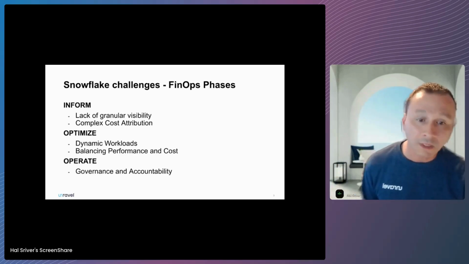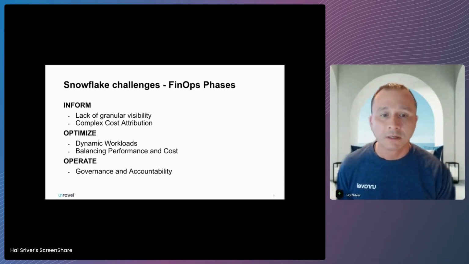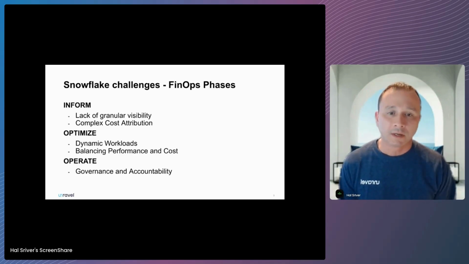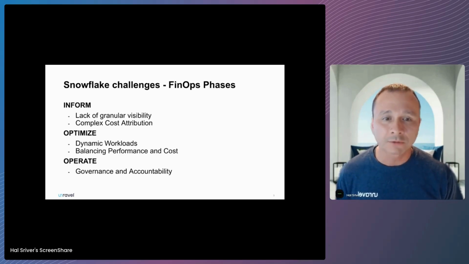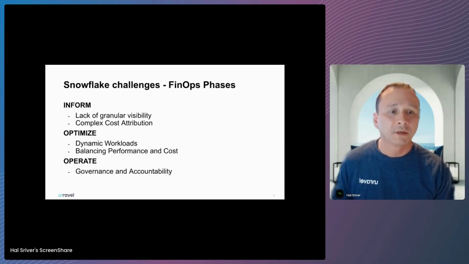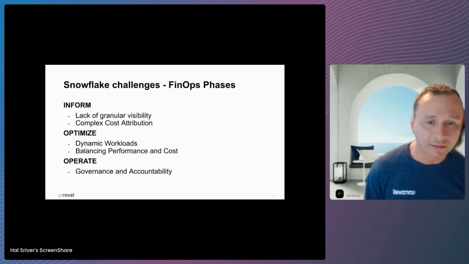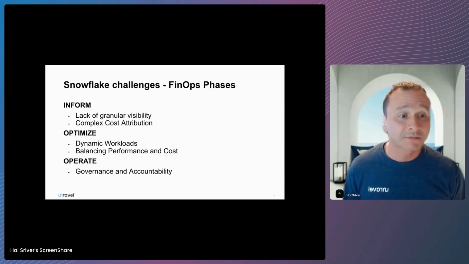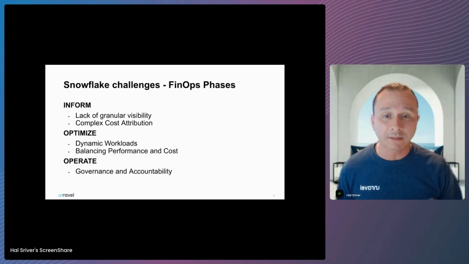Okay, so last but not least, the operate stage: governance and accountability. Just the cultural silos alone. The engineers who prioritize performance, the finance teams who demand cost cutting, and the business leaders who want agility.